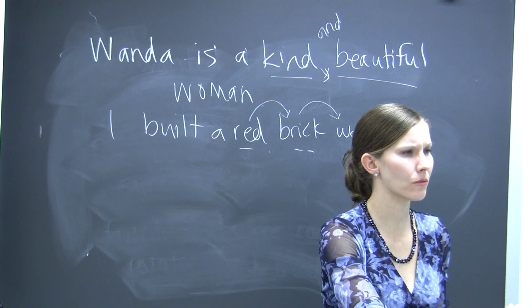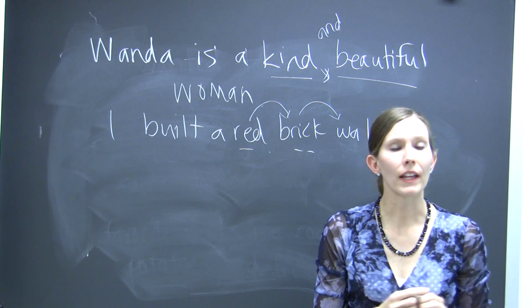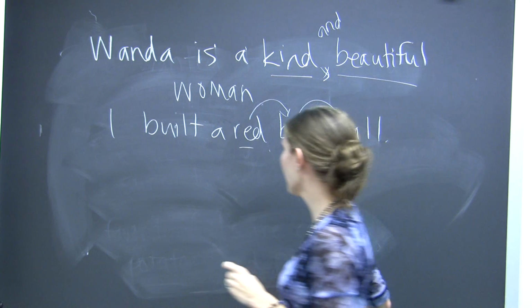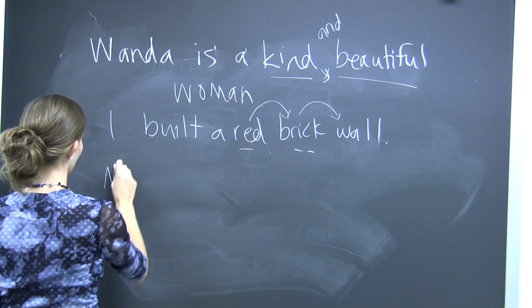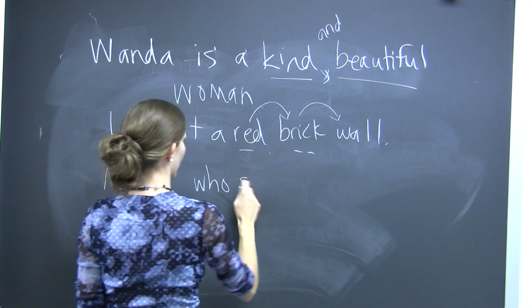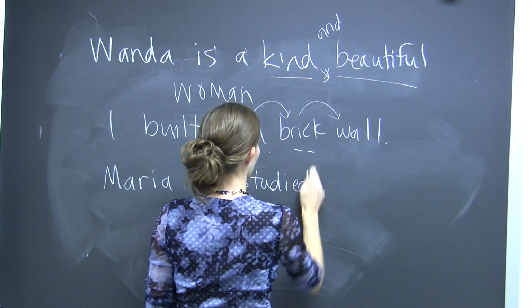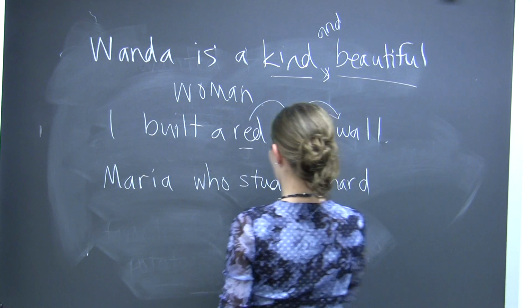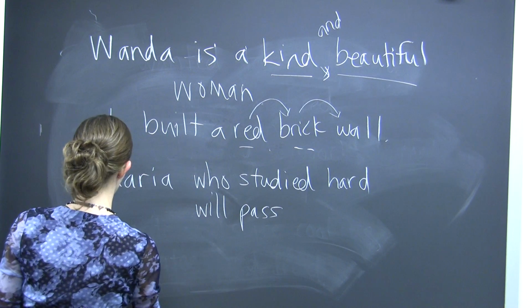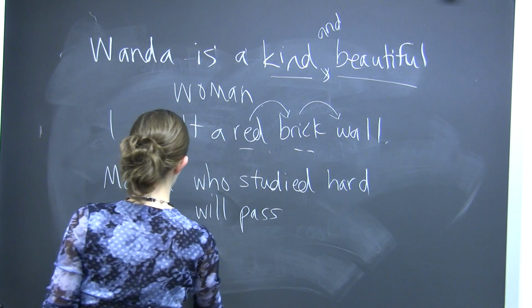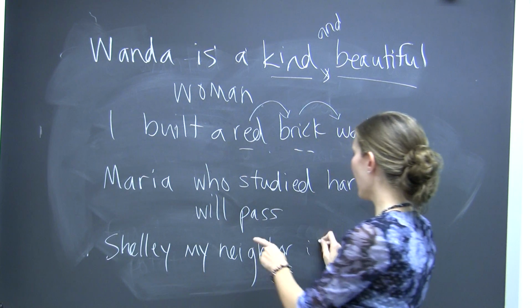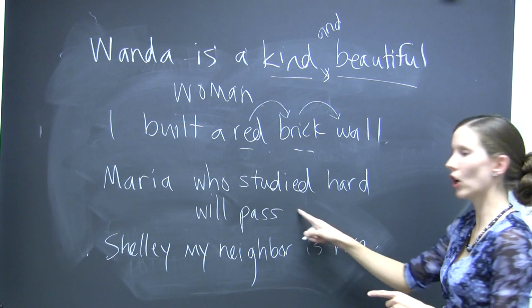Okay? The next rule has to do with extra unnecessary information. So for example, if I have Maria, who studied hard, will pass.